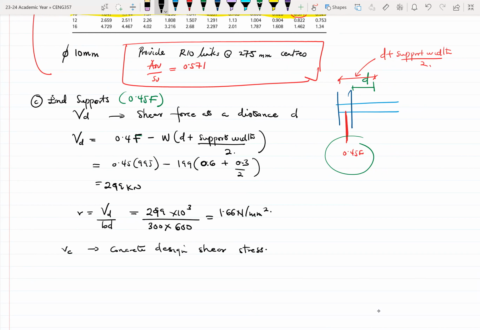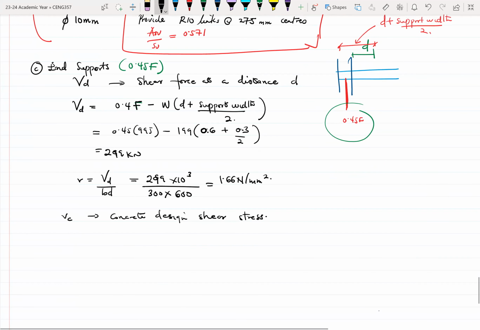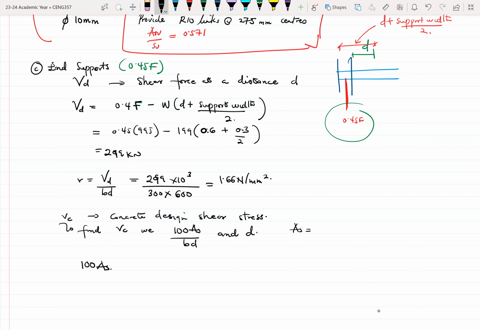Okay, and to find VC, we need 100 AS over BD and D. So let's say that our 100 AS, where AS is the area of steel in tension at that section. All right. So at that section, I think we'll have about 40, 25. So roughly our AS here would be 2000 millimeters squared.